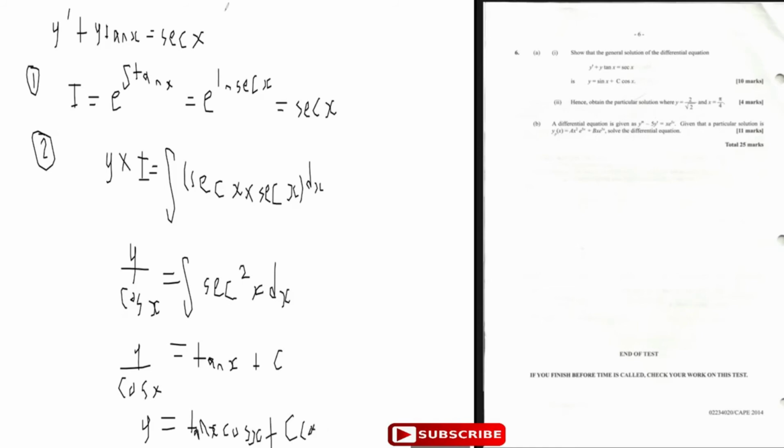All right, nice. Now we're almost finished, but not quite. Remember what is tan x? Tan x is equal to sin x over cos x. So if we cross multiply, we see that tan x times cos x is sin x.